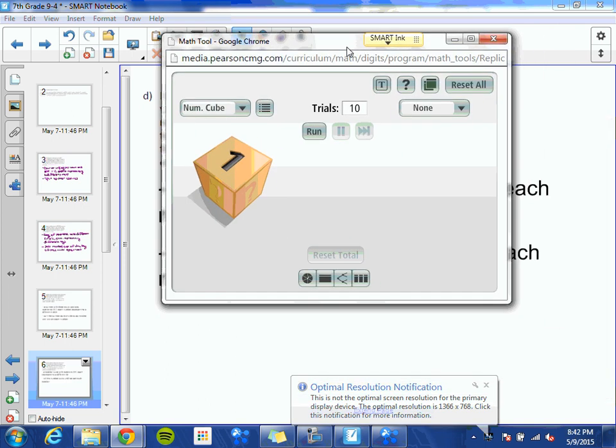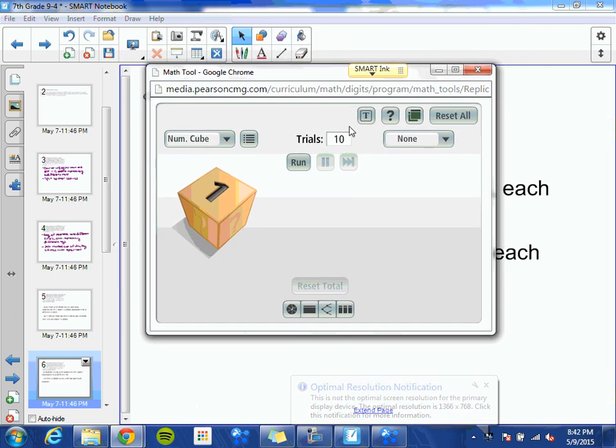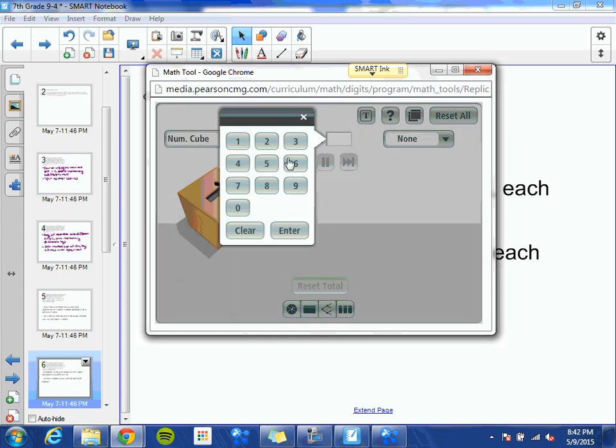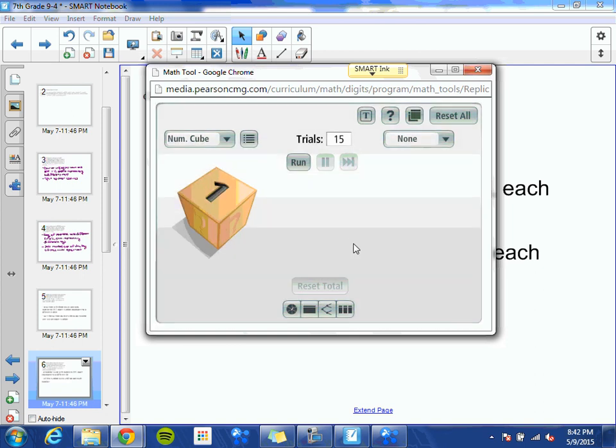Okay. Now I'm not quite sure how many times this will take, so let's do 15 times and see where that gets us. So what this is going to do is it's going to roll the numbers.